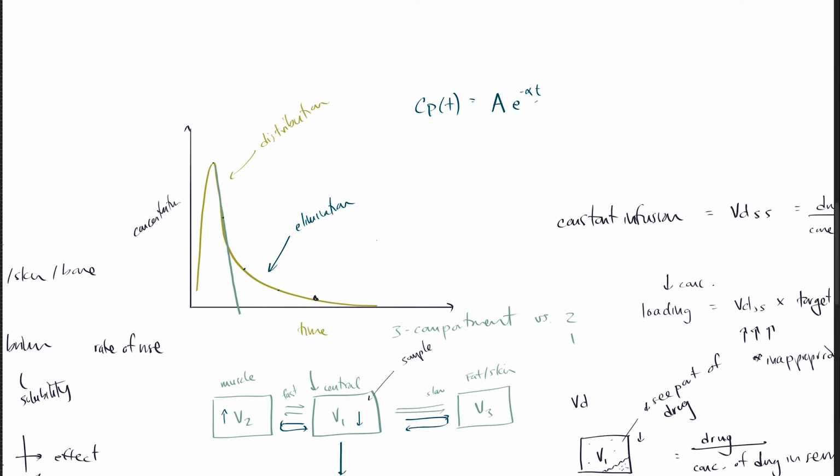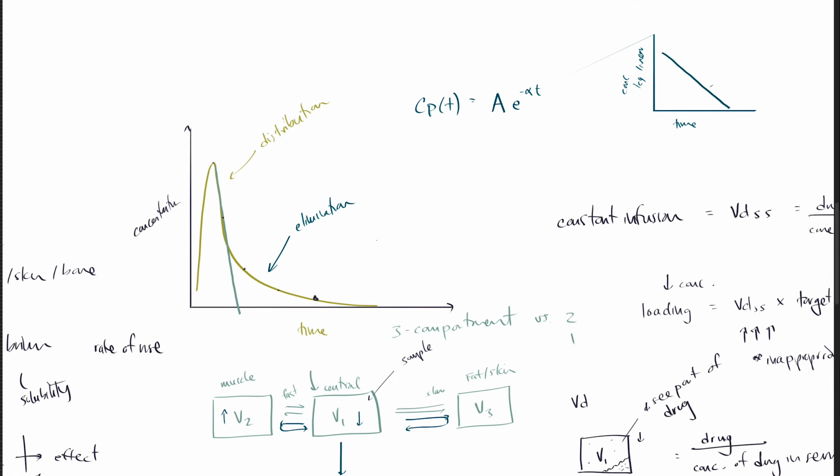And this would describe normally essentially if this concentration was graphed log linear, then you would see essentially a straight line down. So this describes the first compartment model and showing a standard logarithmic drop in serum concentration over time.